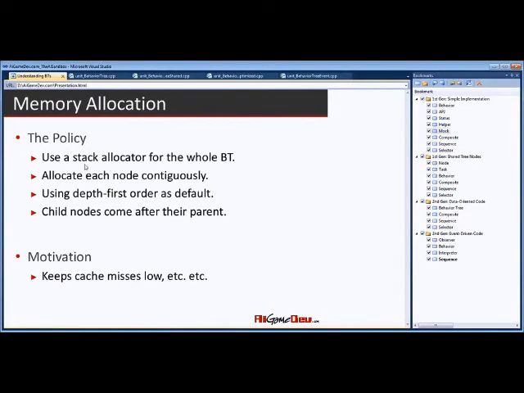But just the fact that you're putting everything in a small block of memory will help a lot. So what this means is that we know that child nodes will come after their parents, so that means that we can do a lot of clever tricks to access the child node. So the big motivation for this is to reduce the number of cache misses and basically make things more memory efficient.